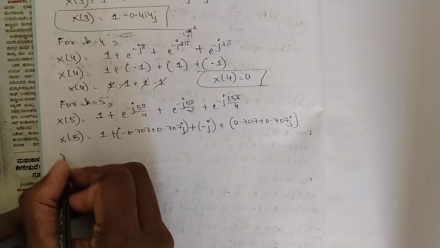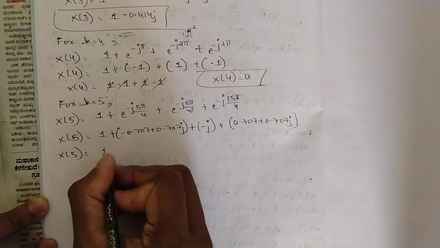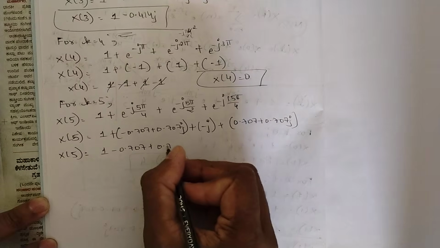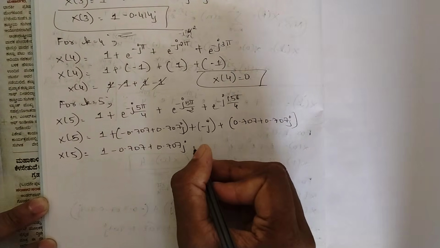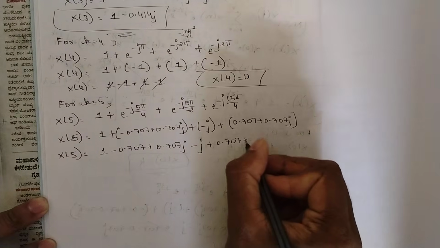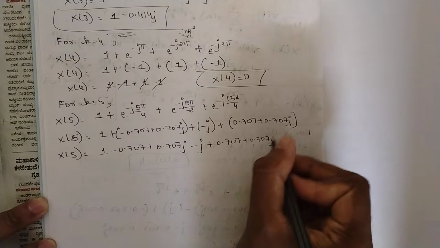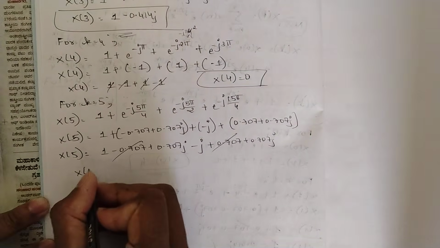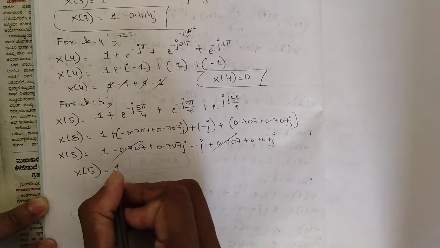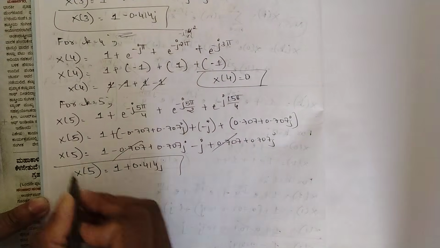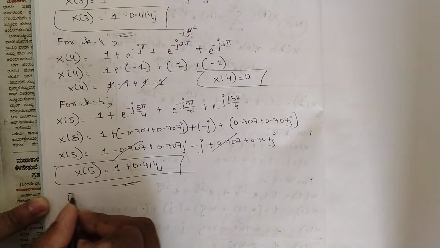Okay. Then again simplify this, x of 5 is equal to 1 minus 0.707 plus 0.707 j minus j plus 0.707 plus 0.707 j. Okay, so minus plus this would be getting cancelled. So if we solve this, our x of 5 would be 1 plus 0.414 j. Okay, so this is our x of 5.